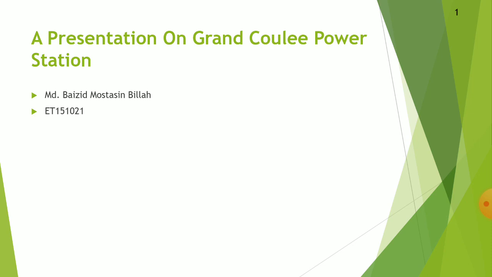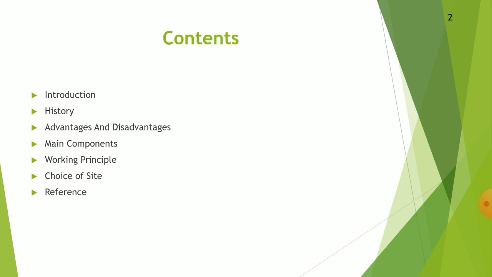Now we are starting a presentation on Grand Coulee Power Station. First, we can see the contents of our presentation. The first content is Introduction of Grand Coulee Power Station. The second content is History of Grand Coulee Power Station.